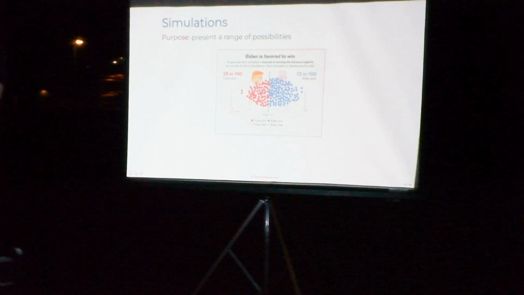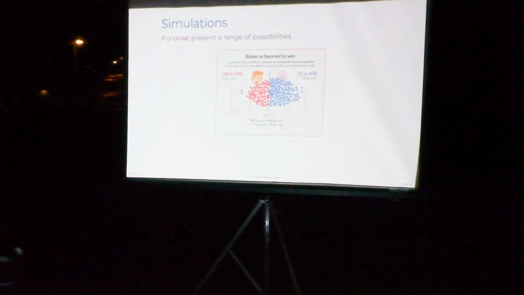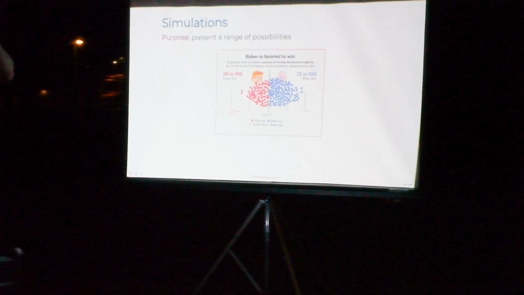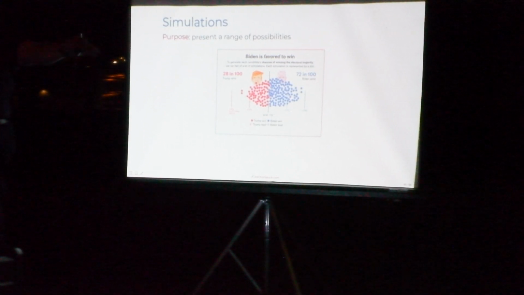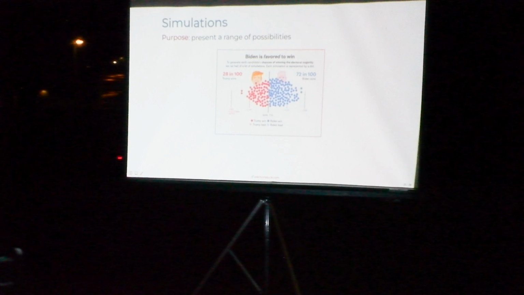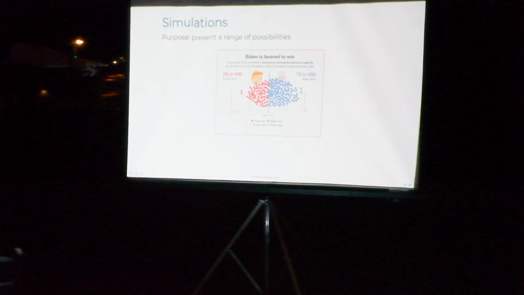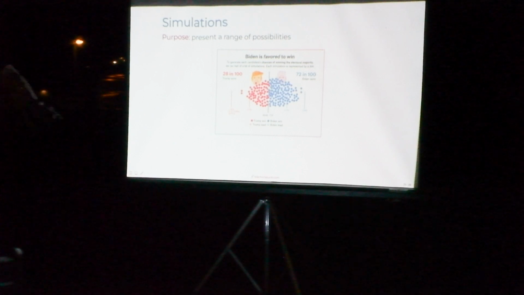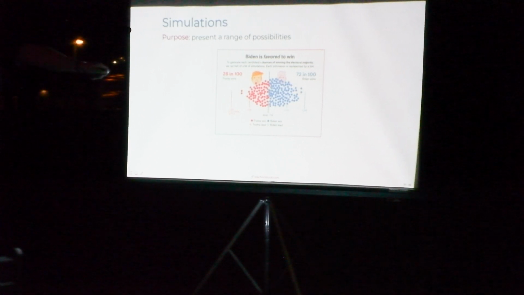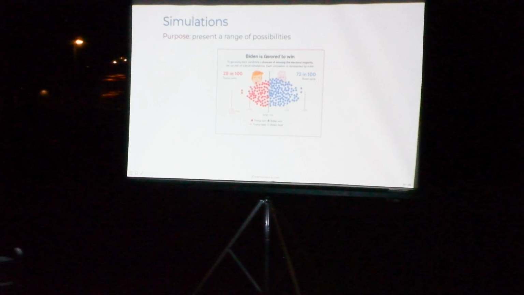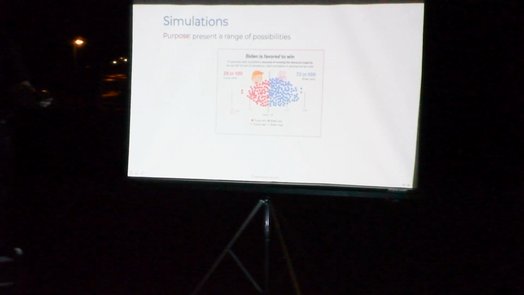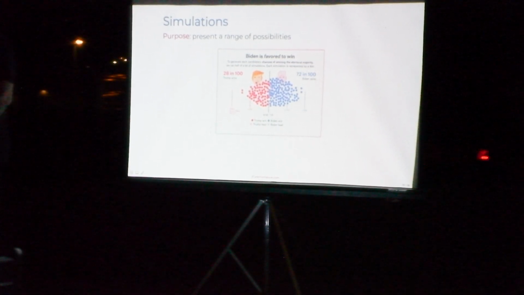It's a model, so it's math that is saying, I put all this inside, and it's telling me X number out of 100, it's this person, 72 out of 100, it's that person. But the thing to note here is that 28 times in this one, it's a victory for Trump, 72 simulations, it's a victory for Biden, right? So the idea is that you're seeing this range of possibilities. In this case, that axis is based off of electoral college votes.